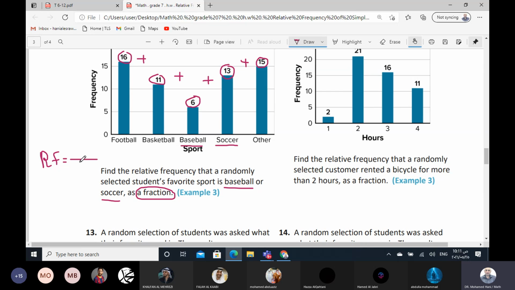So the total will be 61. Then we need just baseball and soccer. So add 6 plus 13, which will be 19. And we need the answer as a fraction. Now my question, is this form simplified or we can do simplest form here? It's simplified. Great.